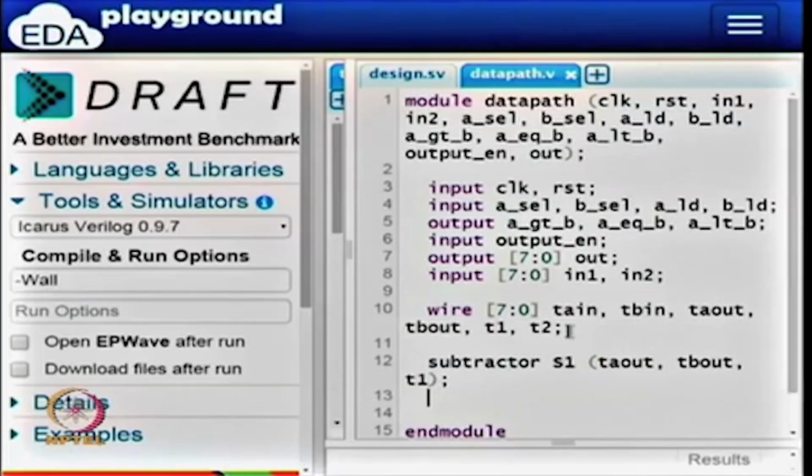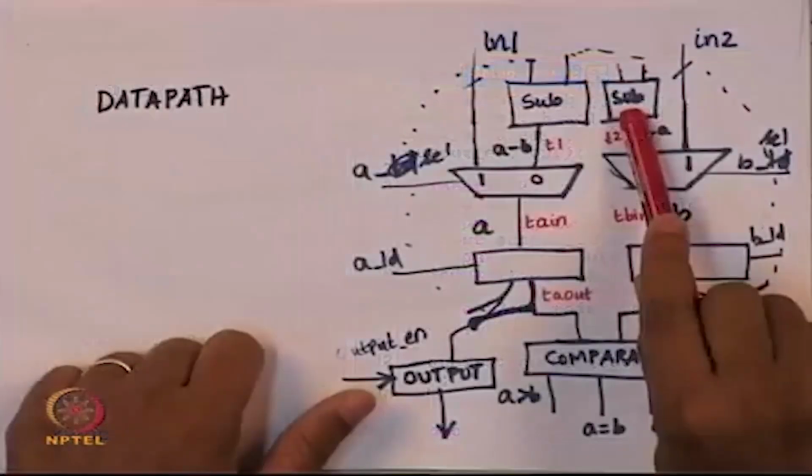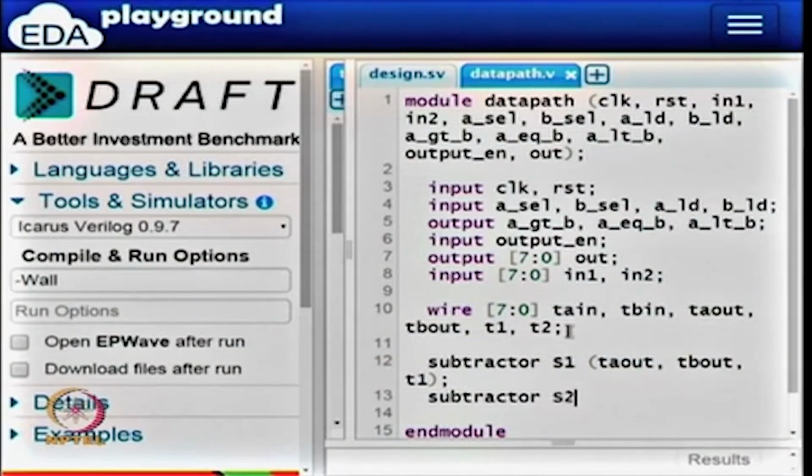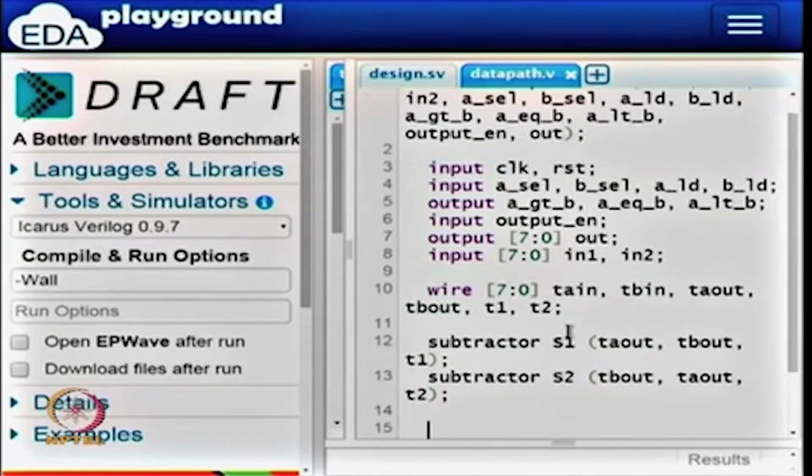So that is the first subtractor. Then the second subtractor should be subtractor S2, which is supposed to take TB out as the first input, TA out as the second input, and it is supposed to produce T2 as the output.